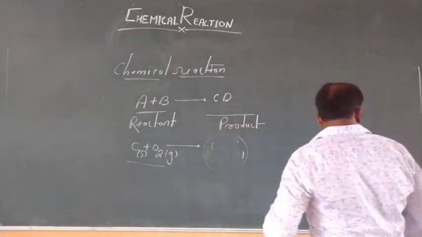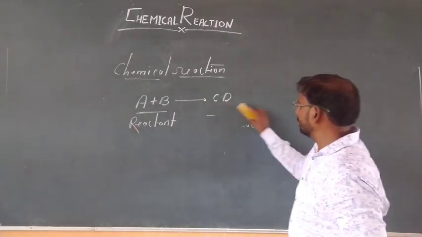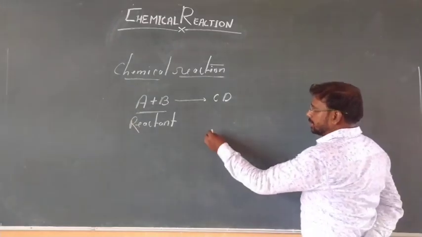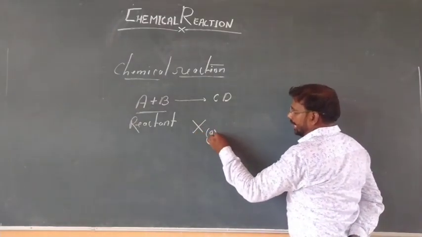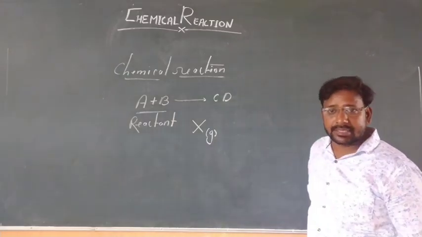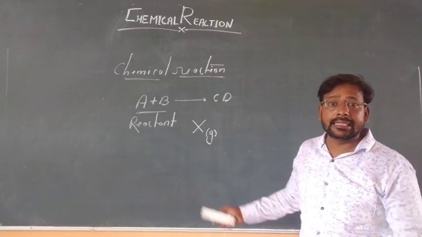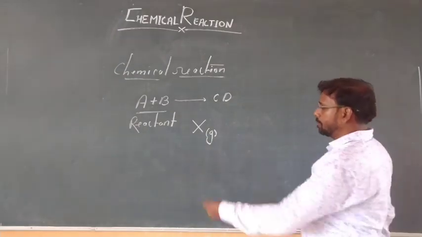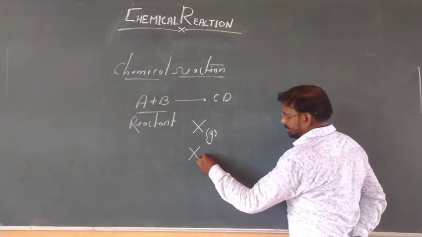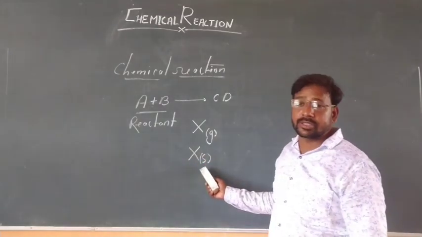Now, I want to give you some symbols. It is very important. Suppose any element is there, X, Y, Z, and I will write a small g like that. It means it is present in the gaseous state. Suppose I write s. It means it is present in the solid state.